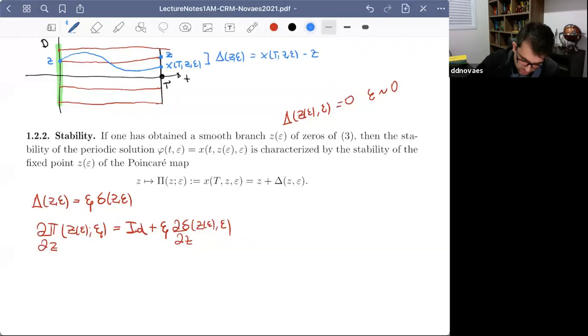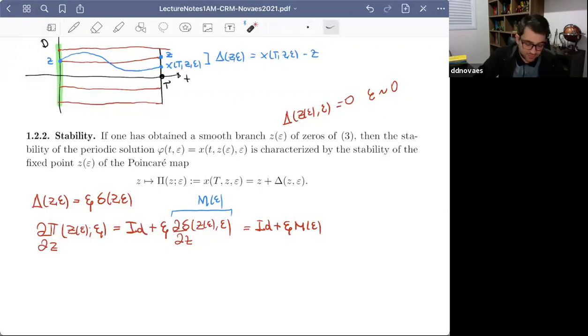Let's call this matrix M(epsilon). It's just the identity plus epsilon times M(epsilon).